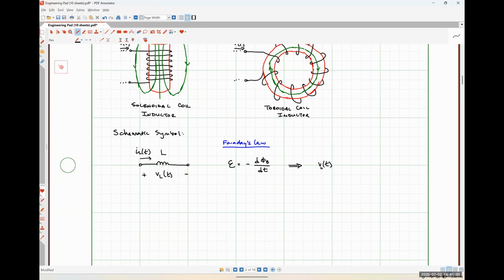And that flux will change at the exact same rate as which our current changes. So over here on the right-hand side, I'm going to put the derivative of our current with respect to time. Okay. So the thing that's relating our flux to our current is actually that inductance L. Okay.